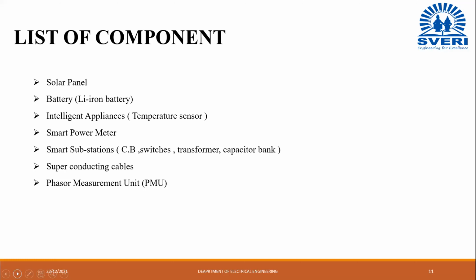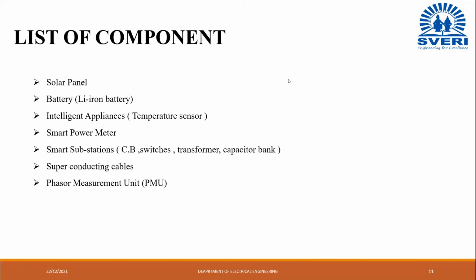We say smart grid means a list of components. First one is the solar panel. The solar panel is required for generating solar energy. Next one is the battery.